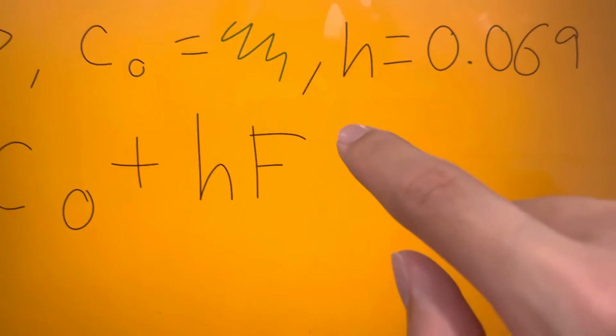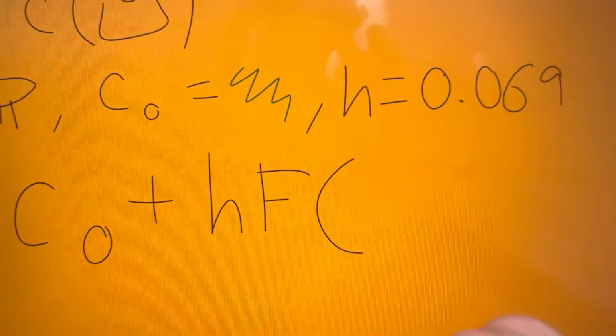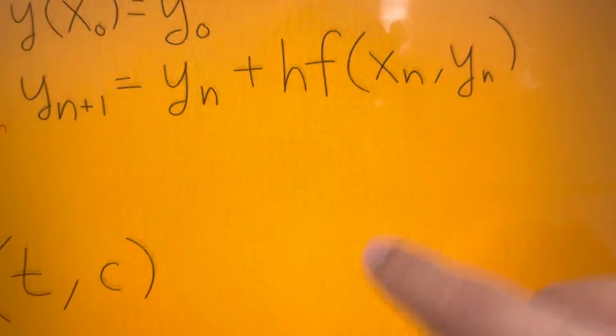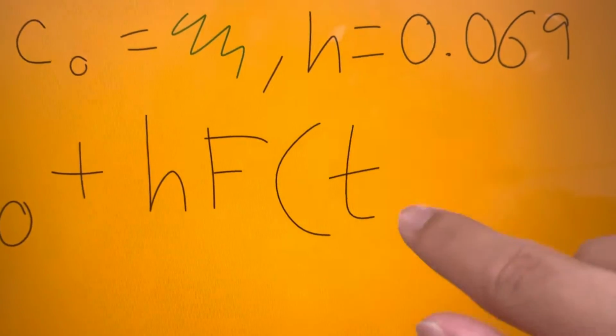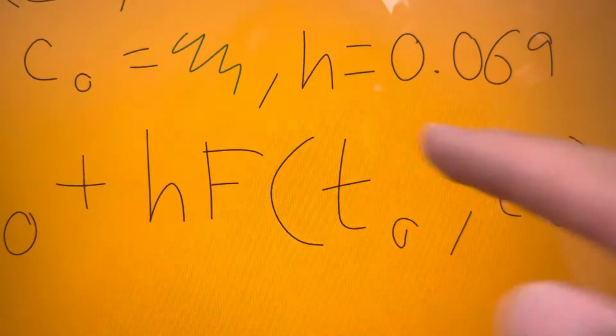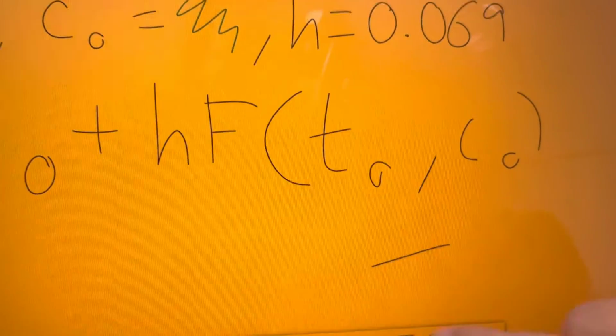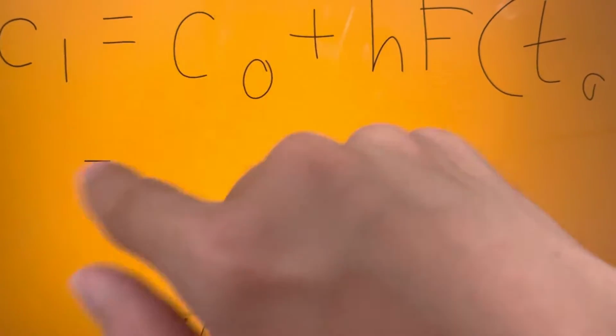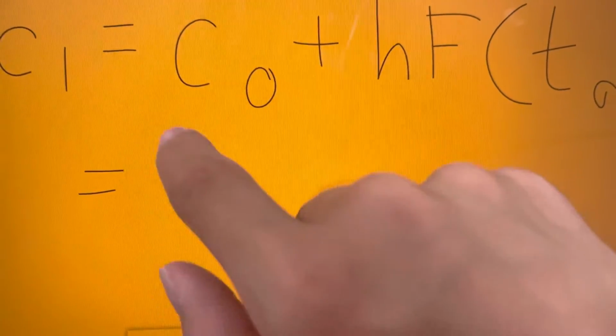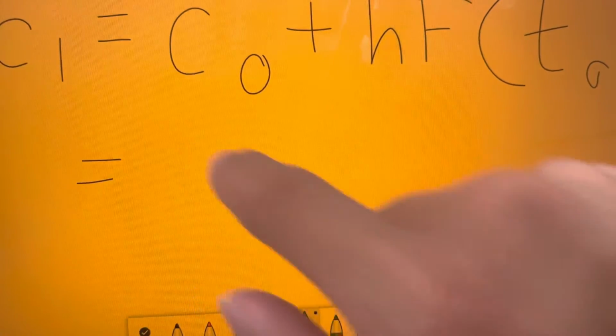So we have to establish t0 and C0, but we know what our values are because we stated them right here. So let's plug those in. We get C1 is C0, which is green. That's the wrong color.